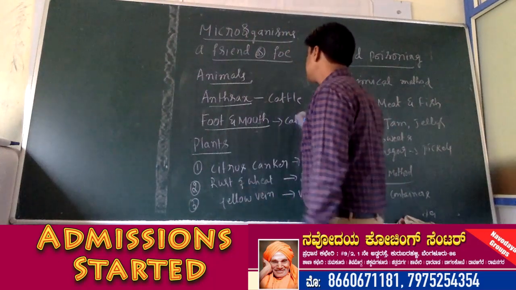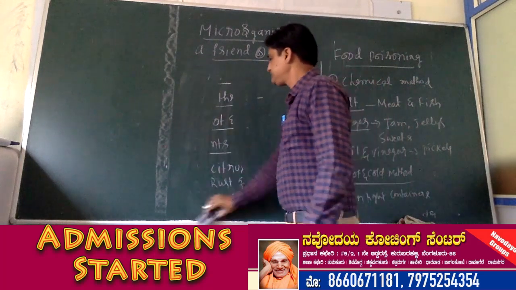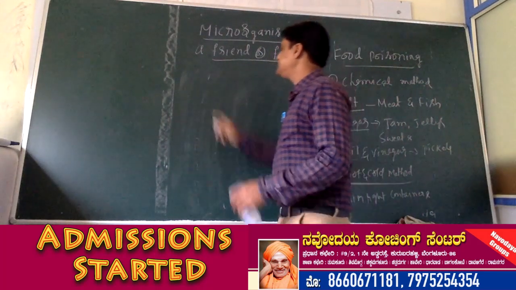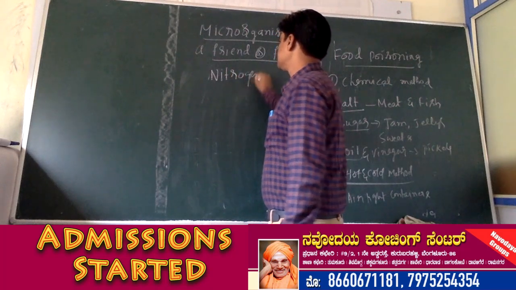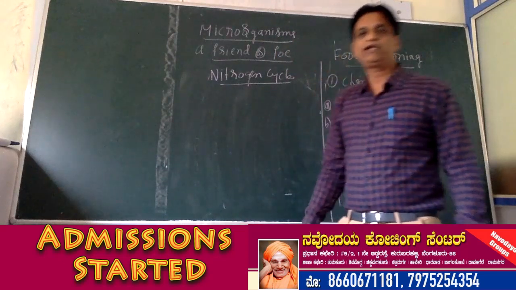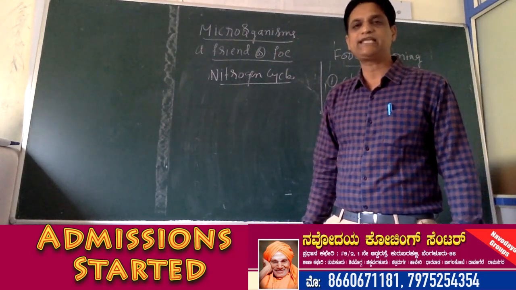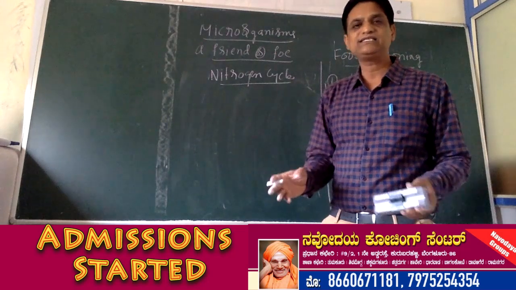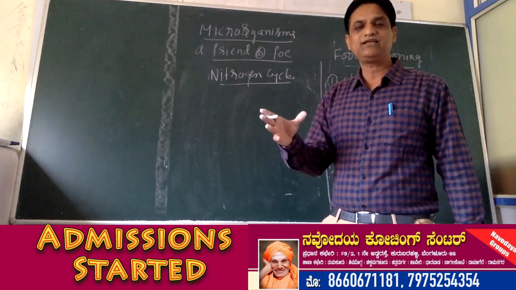And the last concept in this chapter is about one important biogeochemical cycle which is called the nitrogen cycle. I think in lower classes you have studied about the water cycle. So what is water cycle?